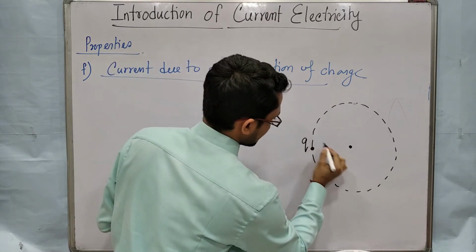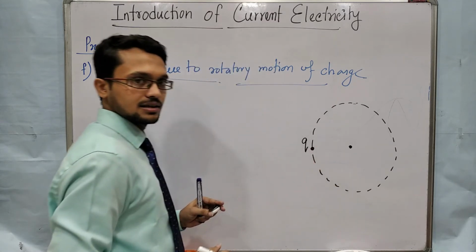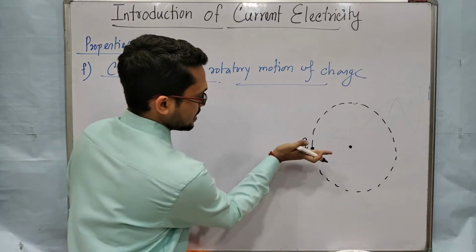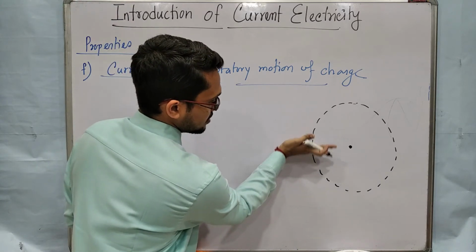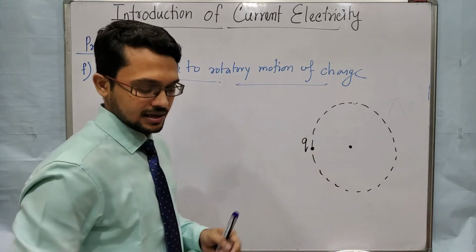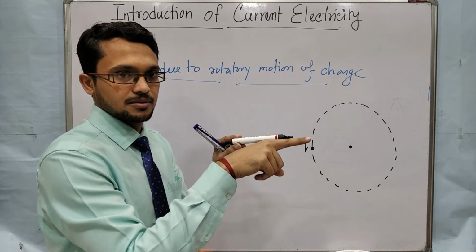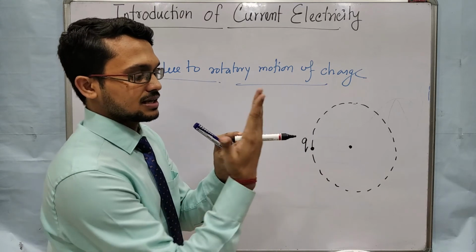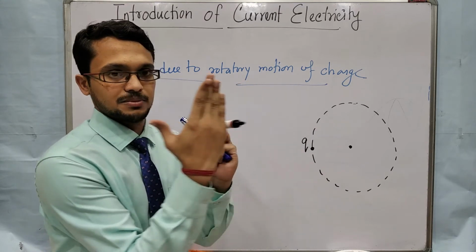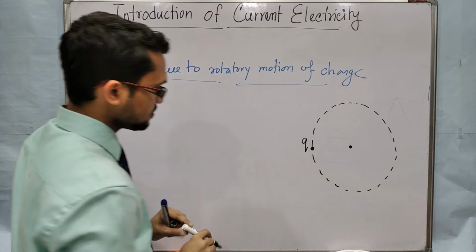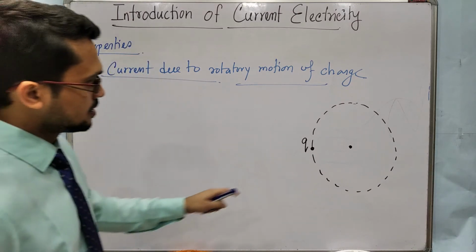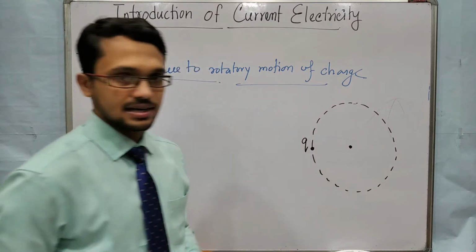So here we will draw a cross sectional area. That cross sectional area will be perpendicular to the path. If this pen tells the direction of flow of charge, then the cross sectional area will be like this, perpendicular. So here I am drawing a cross sectional area.